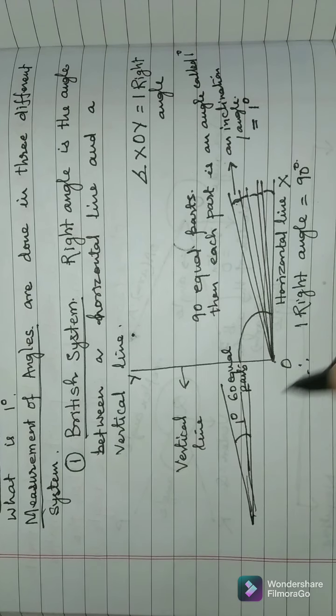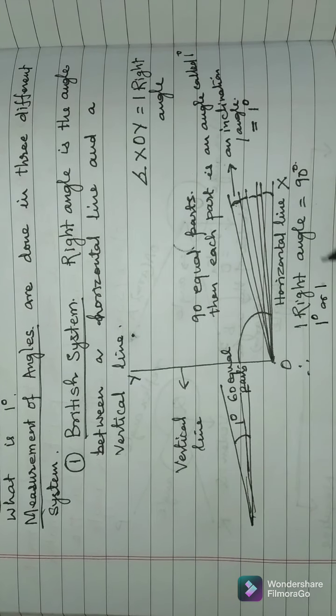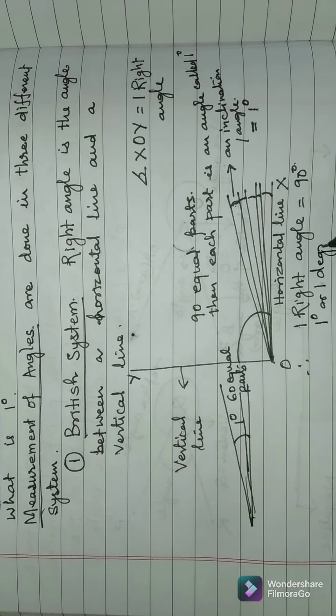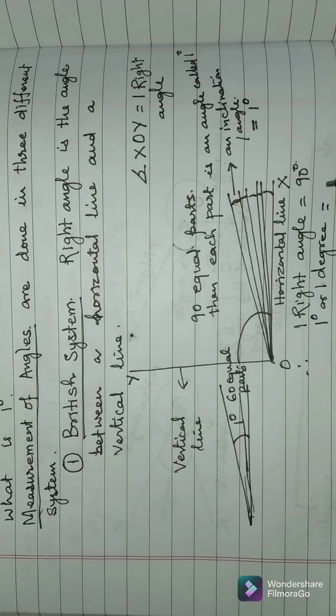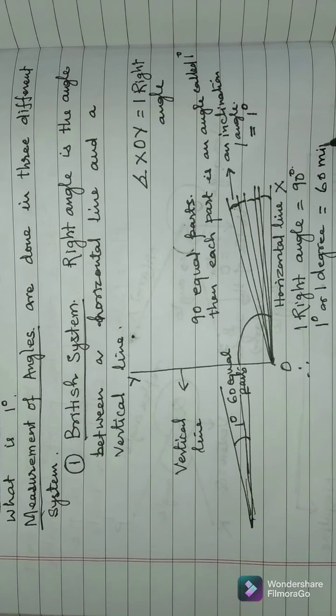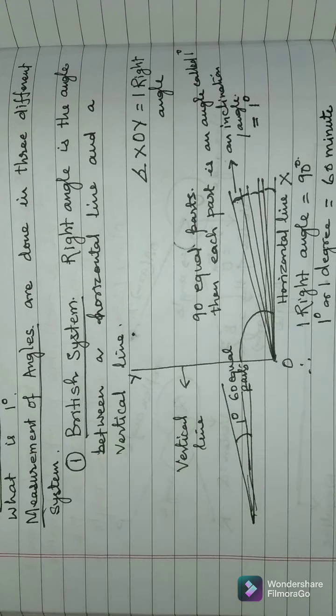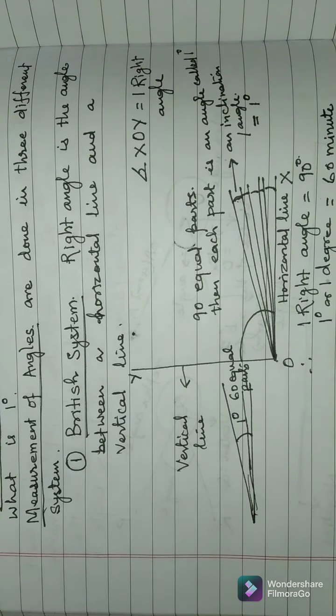So 1 degree is again divided into 60 equal parts, then each part is known as 1 minute. So 1 minute is a smaller measurement of angle than a degree.